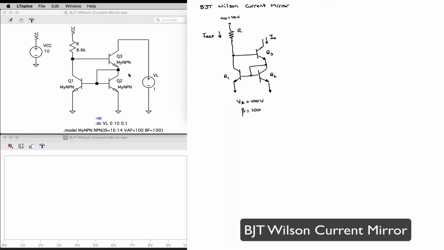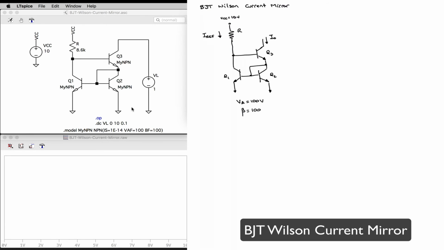We're expecting that it's going to have a very good current transfer ratio, so I out will be approximately equal to Iref. And one of the major improvements of the Wilson current mirror over the basic mirror is going to be the output resistance at the expense of the compliance range, since we now have 2 transistors at the output that we need to keep out of saturation. Let's go ahead and do the calculations.